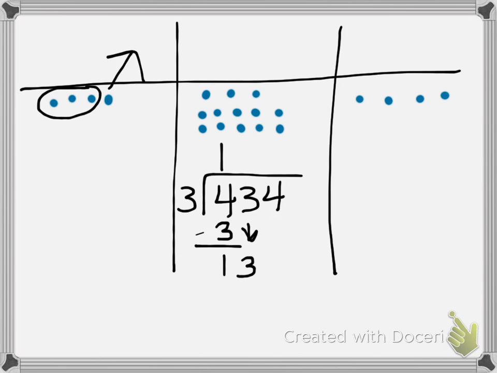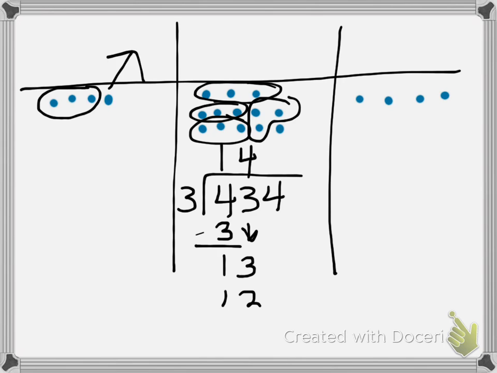So now let's see how many groups of 3 we can make in the tens place. There we go. We can make 4 groups of 3. So I'm going to record that above the tens place, because in the tens place we made 4 groups. So how many did we use up? We had 13 tens, and in those 4 groups of 3 we used up 12.